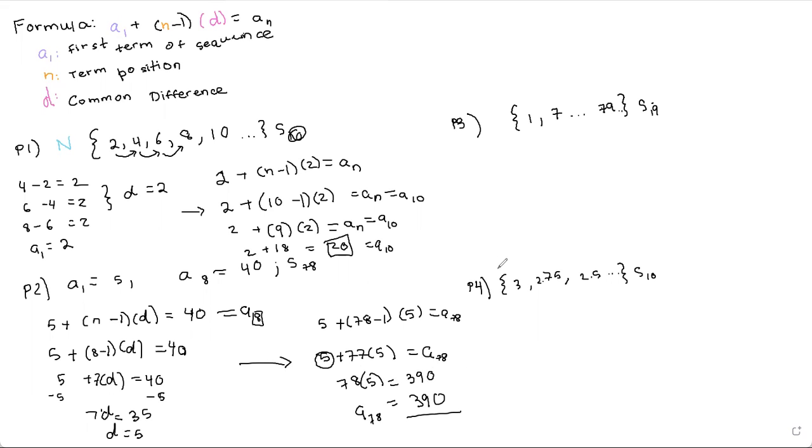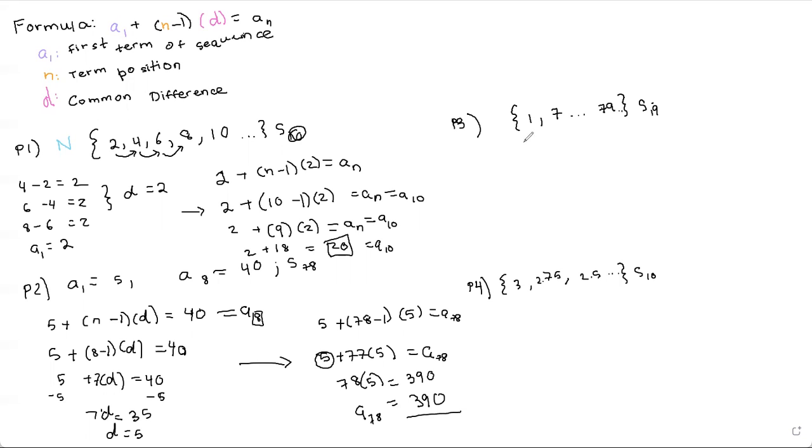Now let's look at problem 3. Here we are given the first 2 terms and then a term whose term position we don't know, and we're asked to find the 19th term.